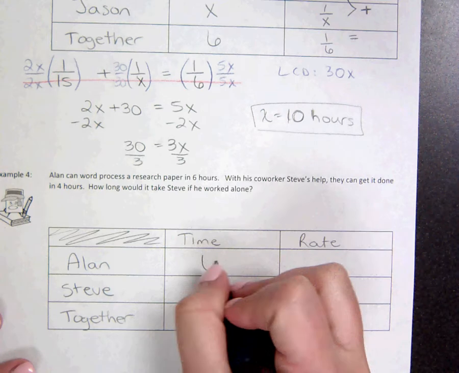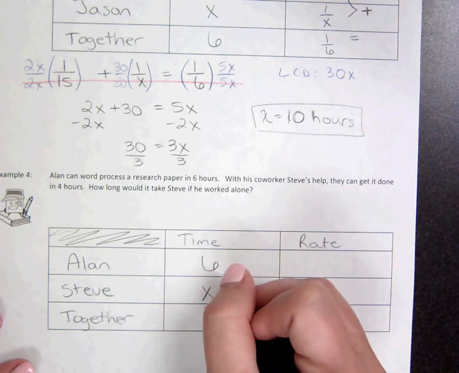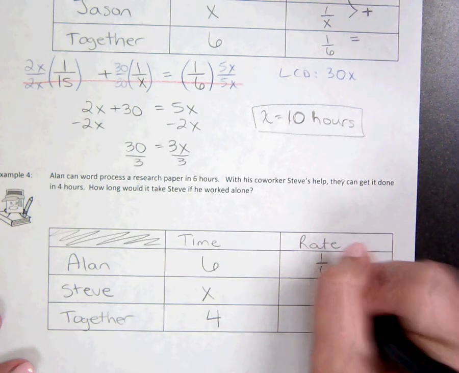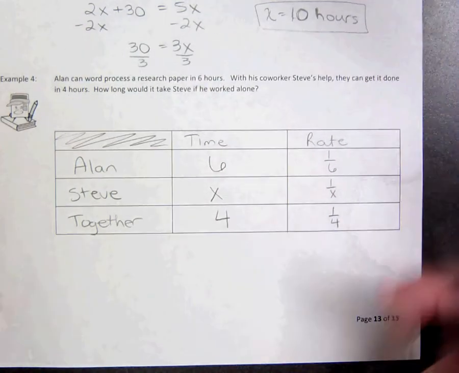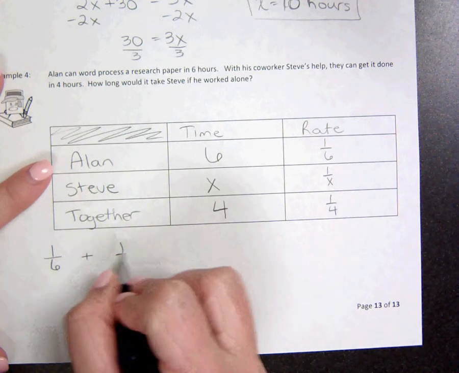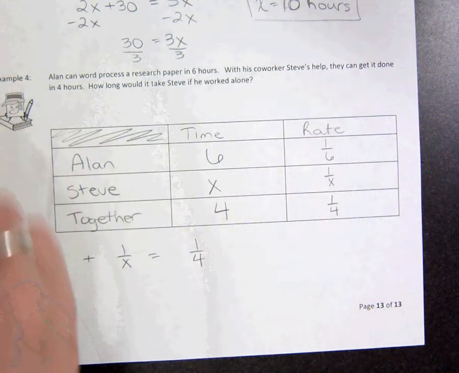Alan takes 6, Steve we don't know, together they take 4. So 1 over 6, 1 over x, and 1 over 4. And then my equation would be 1 over 6 plus 1 over x equals 1 over 4.